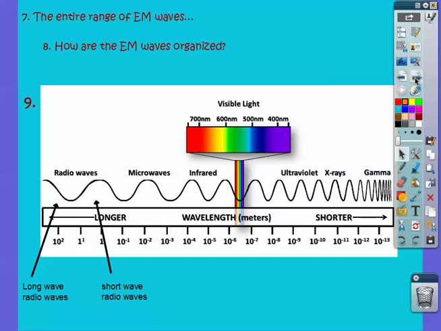So we have long wavelengths on the left-hand side, or low frequencies on the left-hand side, with high frequencies and short wavelengths on the right-hand side. So I'm going to give you a minute to check things out and draw out your electromagnetic spectrum.